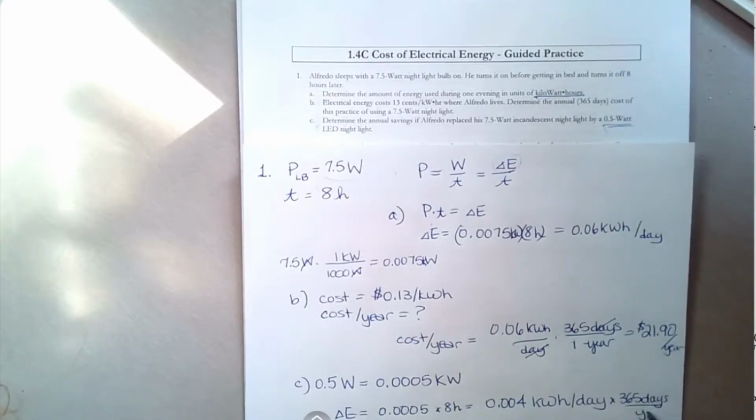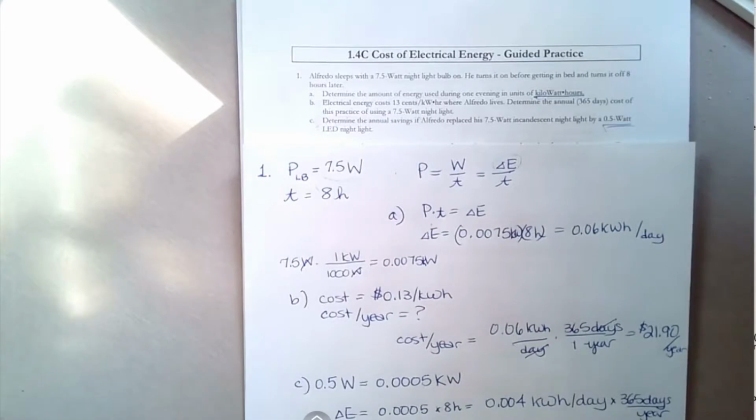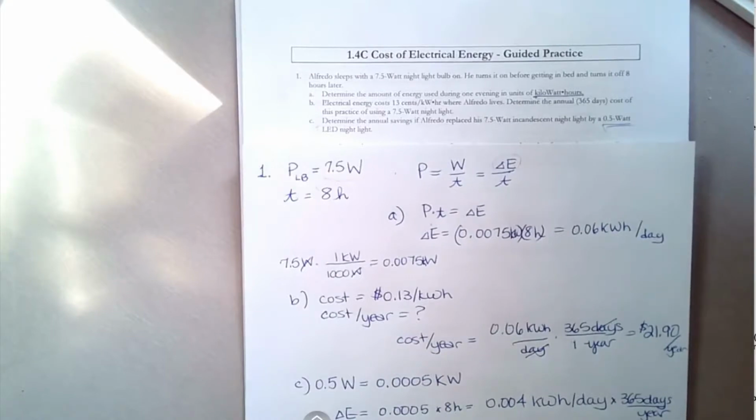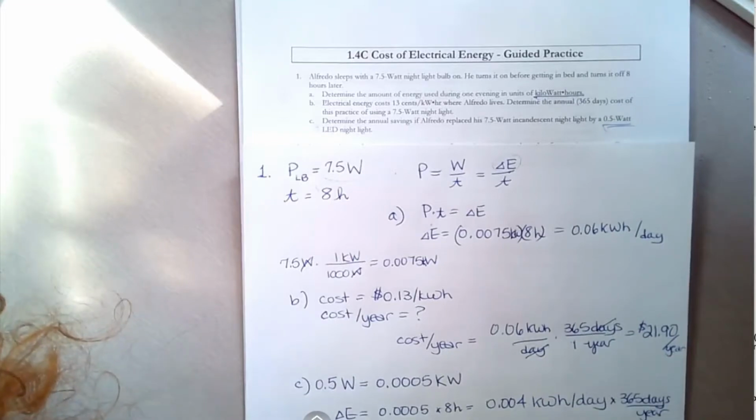Per year, then you get 1.46 kilowatt hours per year. And now to find that cost for the year, you need to do 1.46 kilowatt hours per year times that 13 cents per kilowatt hour.